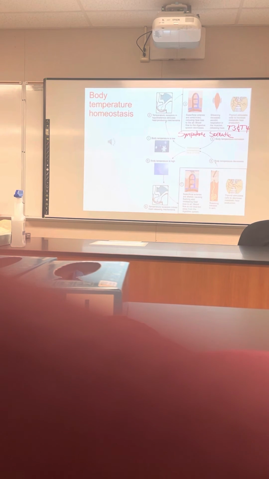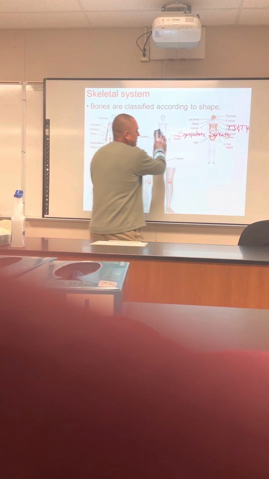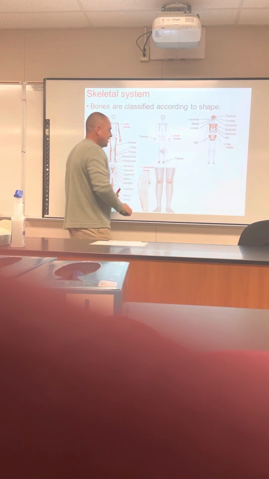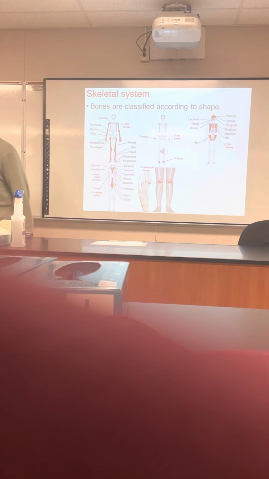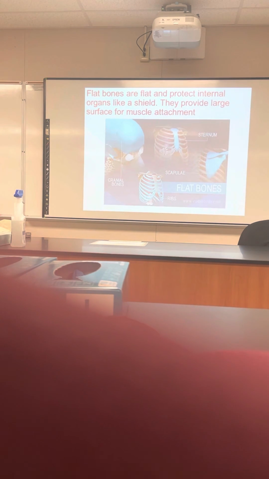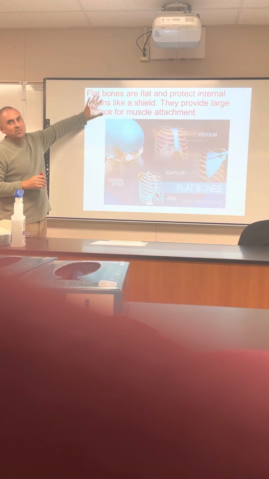Alright, so your bones can be classified according to their shape. According to shape, there are 5 different types: 1, 2, 3, 4, 5. And on the test, there's a question derived from the description found in red. So remember these for red. For flat bones, what's their function?